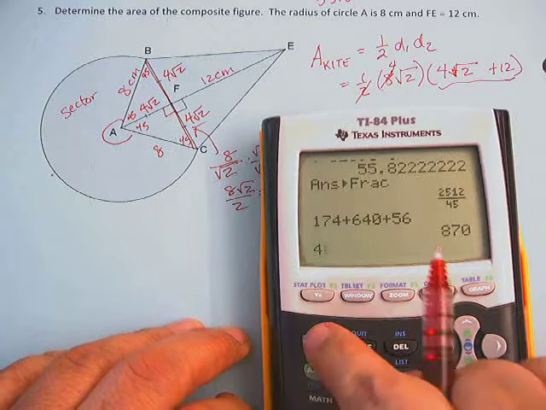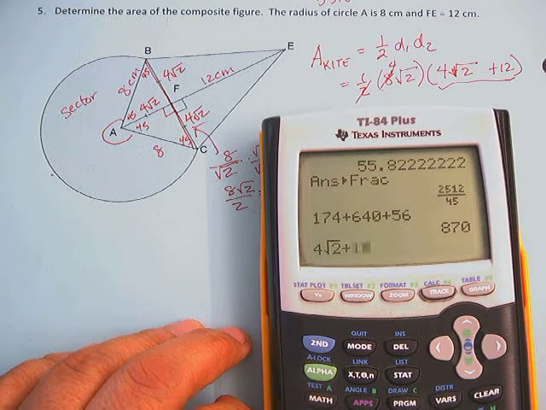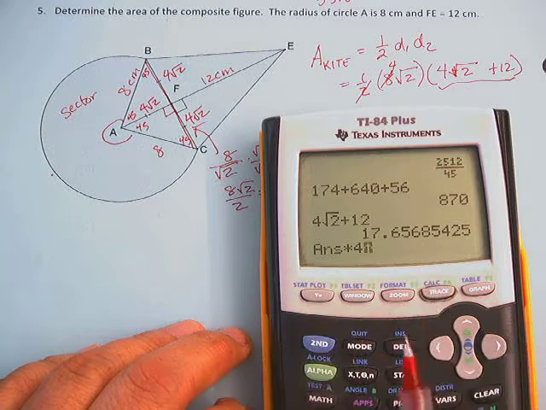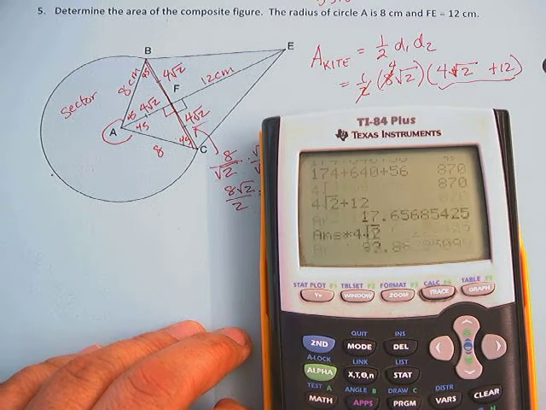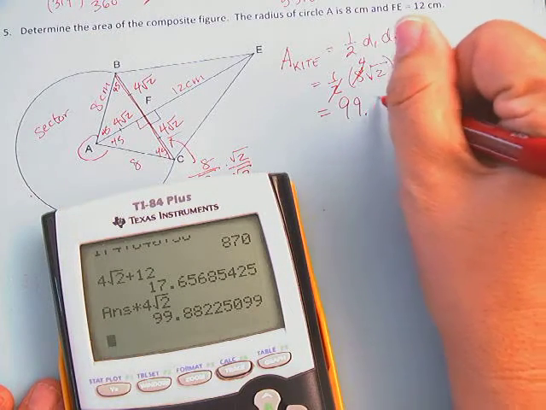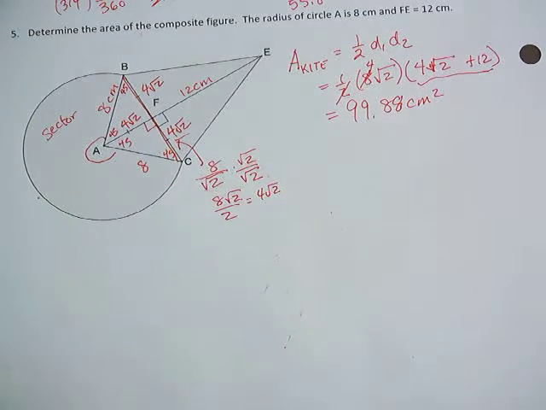So 4 square root of 2, get out of the square root, plus 12, enter. And then times 4 square root of 2. Enter. So the area of my kite is 99.88 square centimeters. All right, so that's one piece.